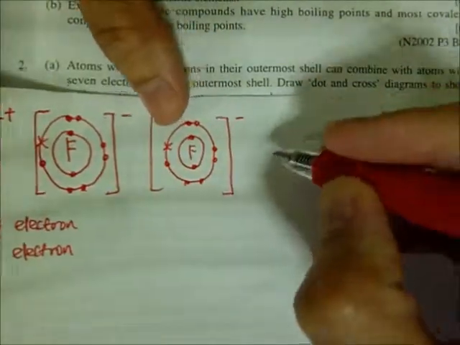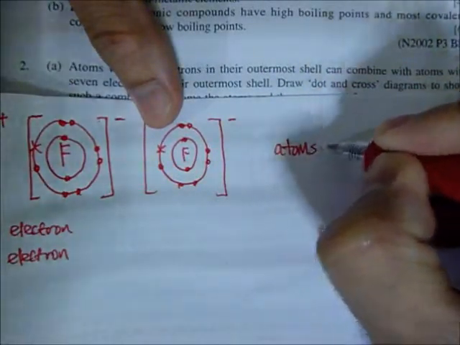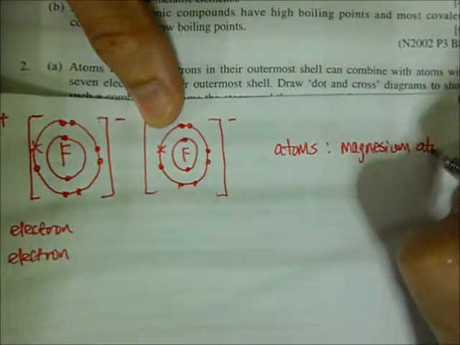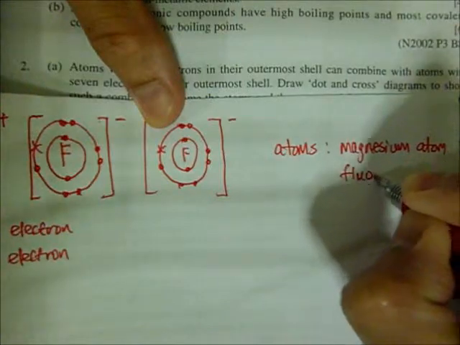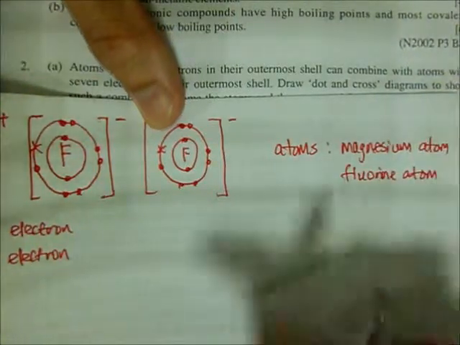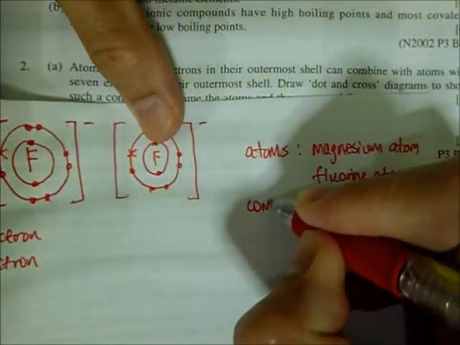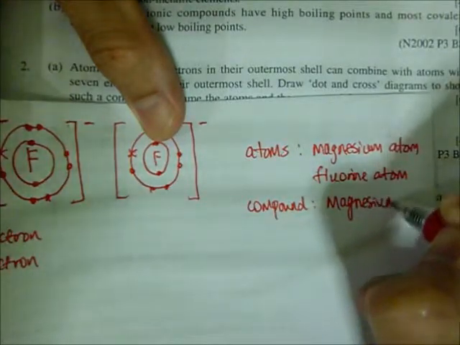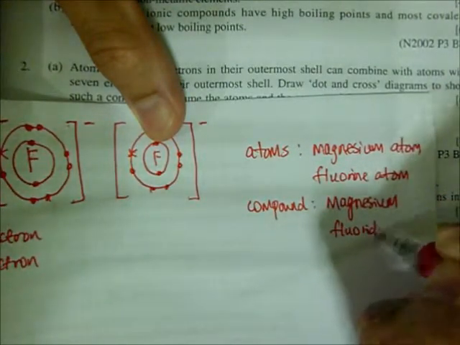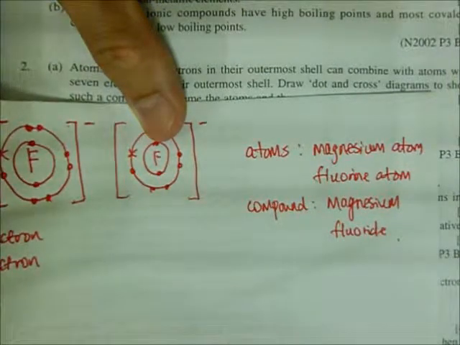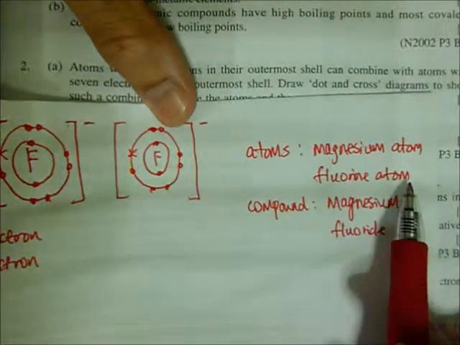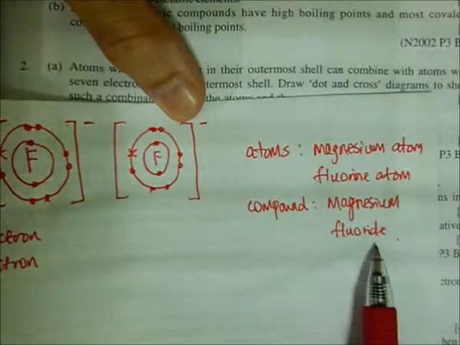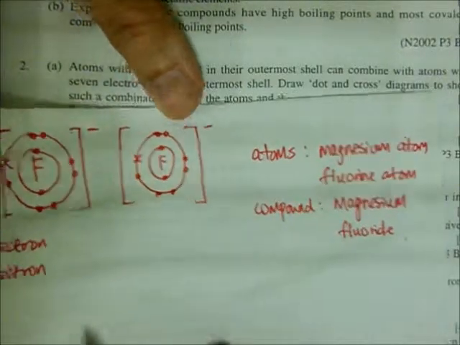So the atoms would be magnesium atom and fluorine atom, and the compound is magnesium fluoride. So the atom is called fluorine atom. Once it becomes an ion, a negative ion, instead of fluorine, it becomes fluoride.